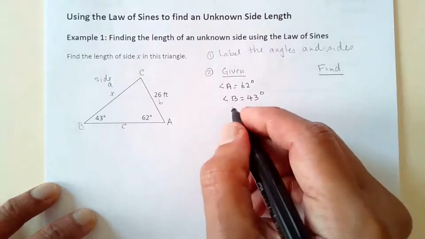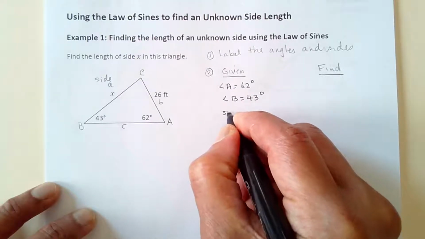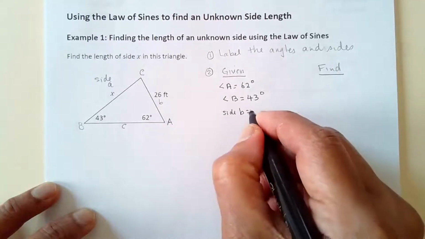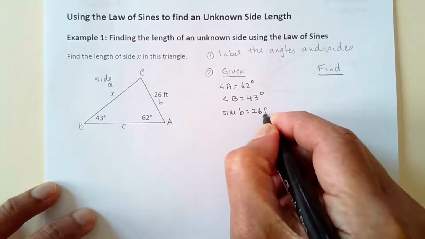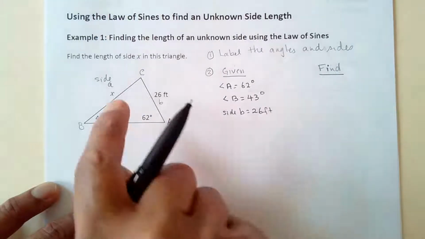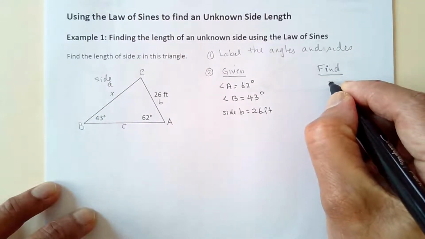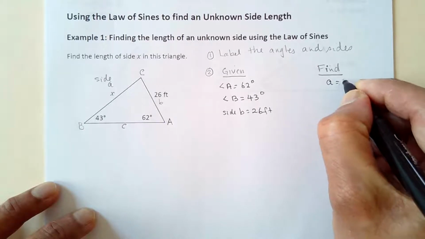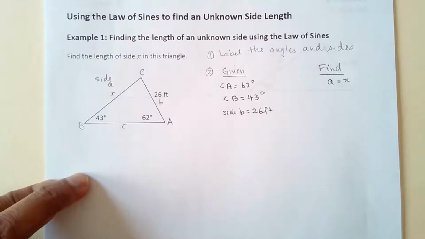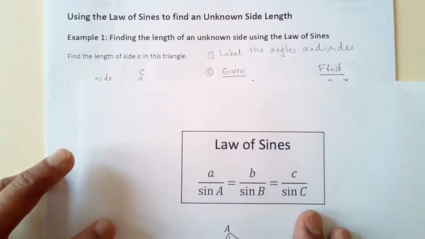And we're given side B, which is 26 feet, and you're asked to find side A. So now we go straight to our sine rule.